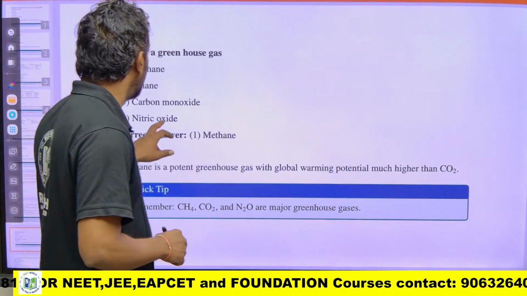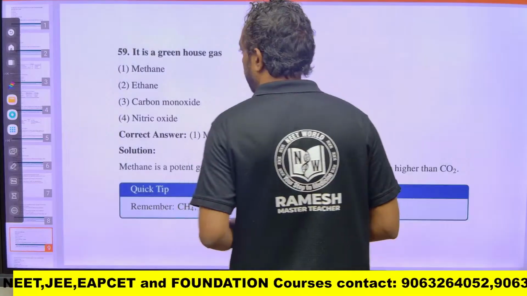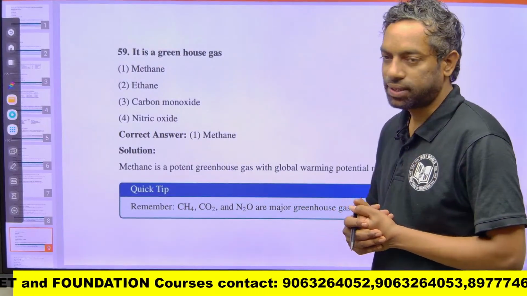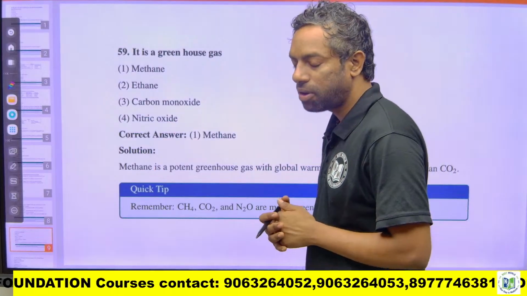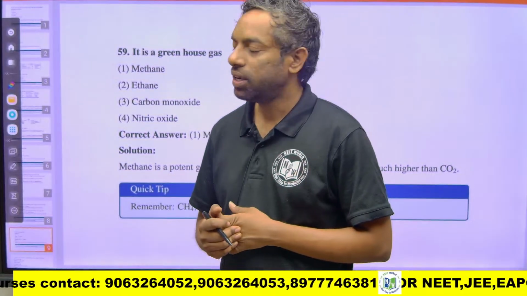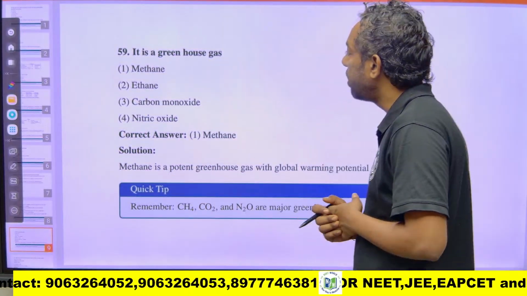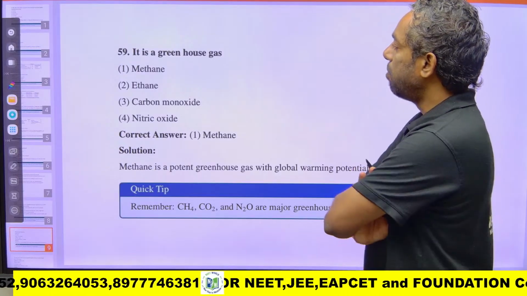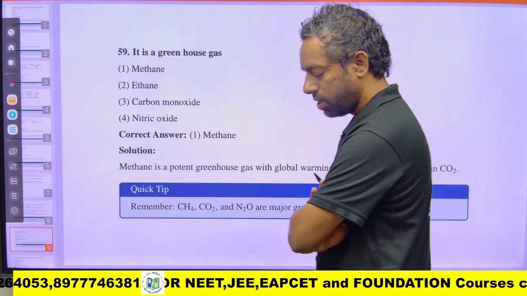Of course, this is about the environment. Greenhouse gases mean this is about global warming. There is heat produced from the pollution. What are the gases responsible for it? Methane, ethane, carbon monoxide, nitric oxide. Methane is produced from any carbon material which is decomposed.